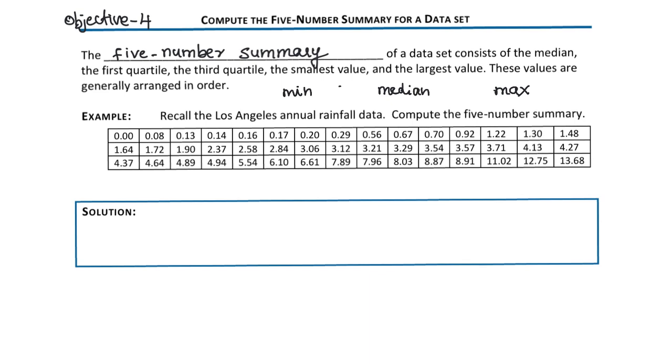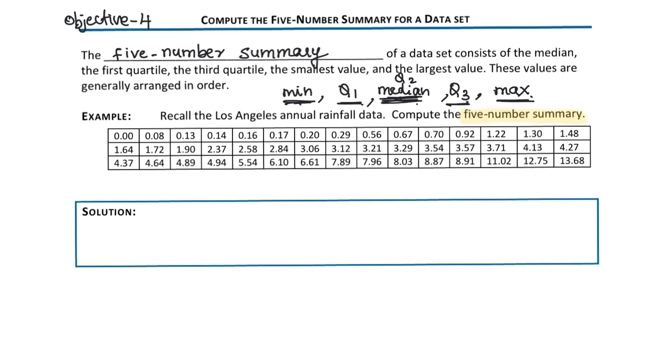Then comes quartile 1 and quartile 3. Remember, median is the same as quartile 2. So, these are the 5-number summary. So, smallest value, largest value, middle number, quartile 1, quartile 3. So, 1, 2, 3, 4, 5, 5-number summary.